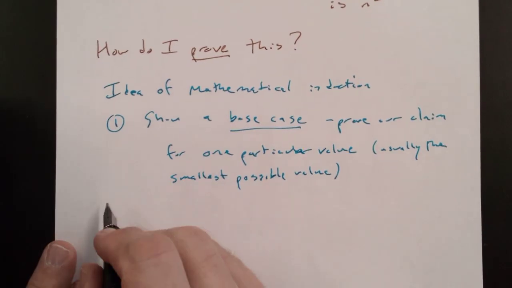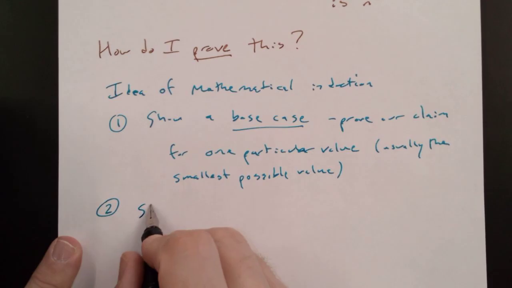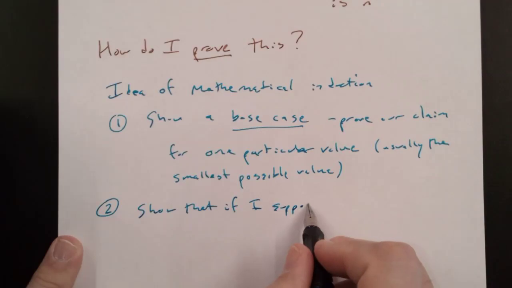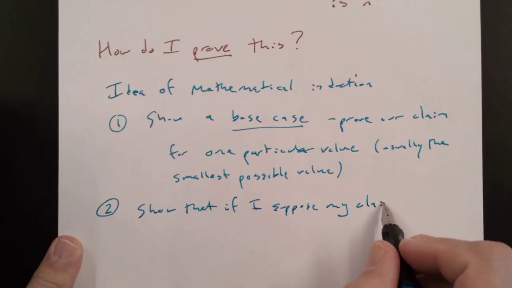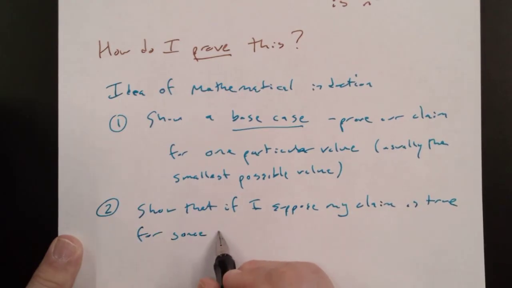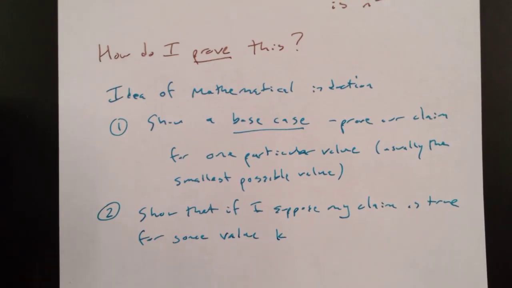Step two is to show that if I'm already on the ladder, I can get to the next step. So I want to show that if I suppose my statement is true for some number, then I can do a deductive proof for the next number. So I'm going to call the value I suppose k.